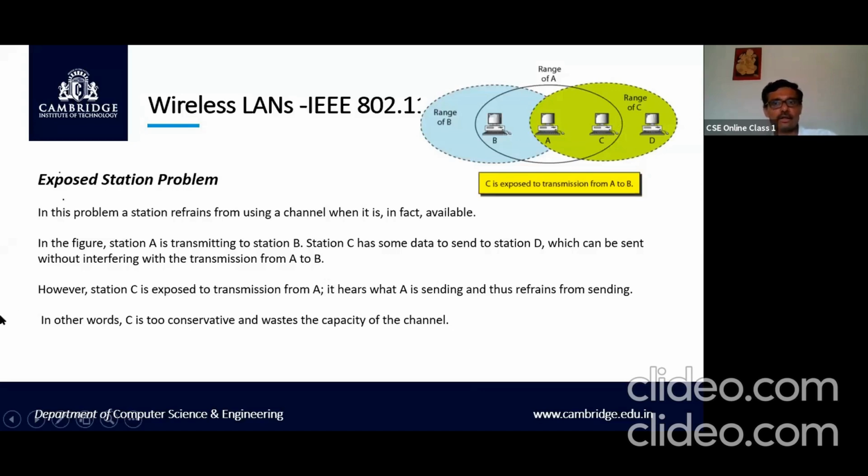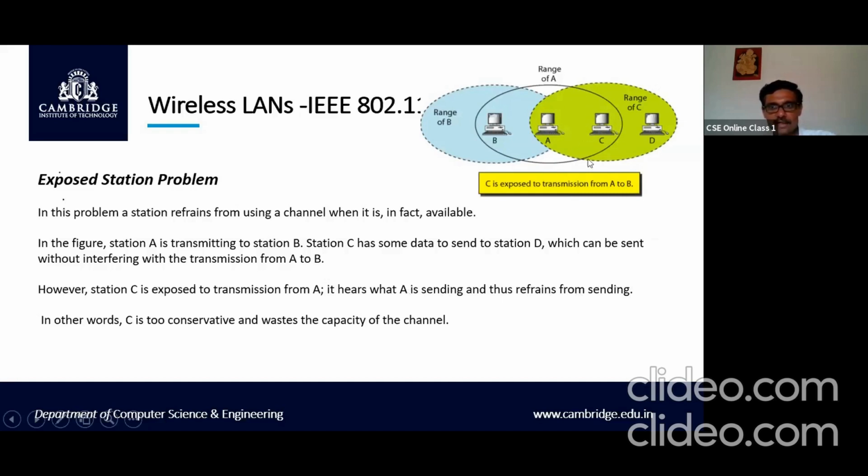C is exposed to the transmission from A. This transmission is already going on, and C is within the range of A, so it is exposed to that transmission. It hears what A is sending and thus refrains from sending.